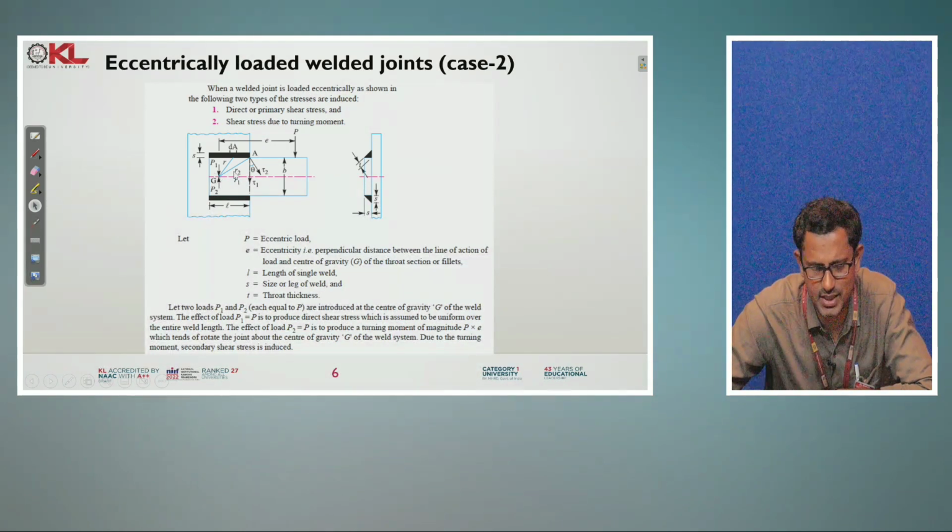P into this radial distance will give you the turning moment. Because of this turning moment, you get shear stresses developed inside the welded joints.